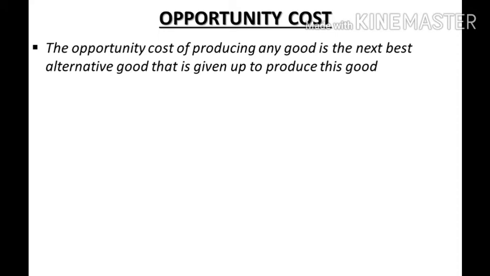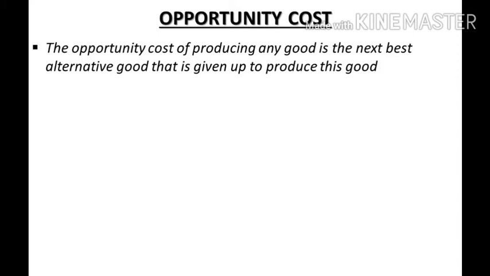For example, the given resources may be used for the production of cloth as well as bread. Both the things can be produced, right? If a given amount of resources can produce 1 meter of cloth or 20 loaves of bread, one or the other, then the cost of 1 meter of cloth is 20 loaves of bread, which need to be sacrificed in order to produce 1 meter of cloth.